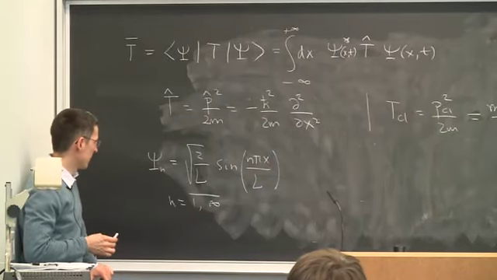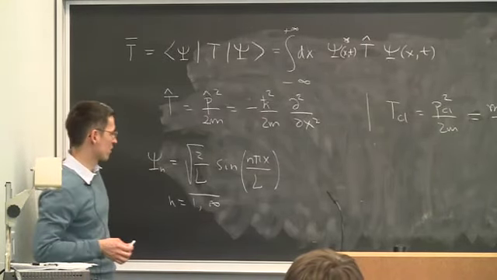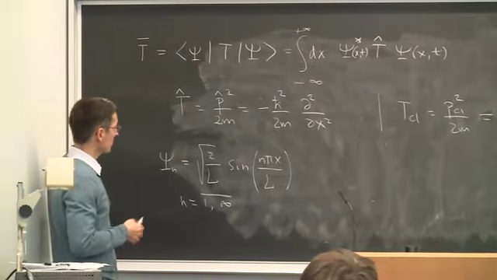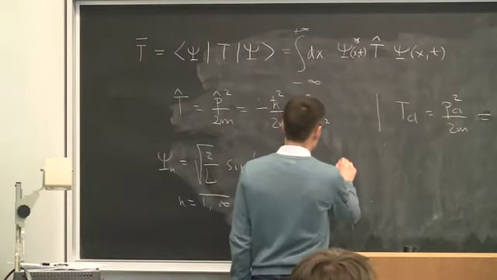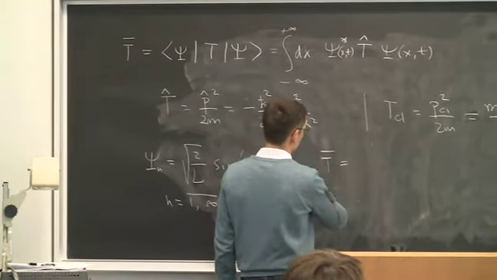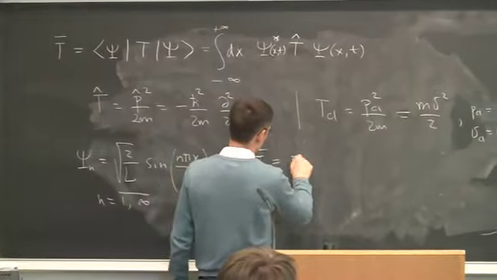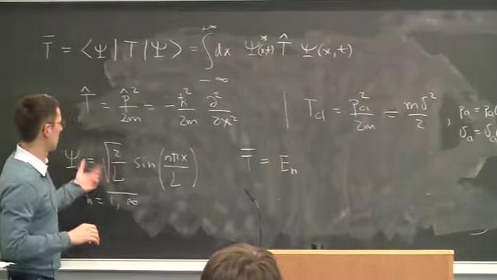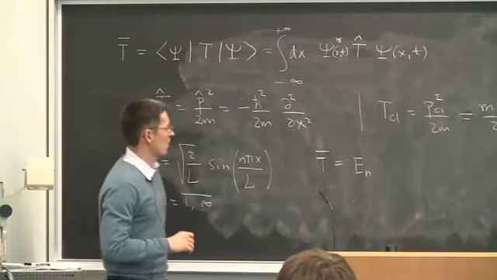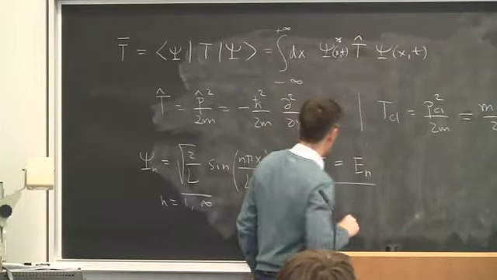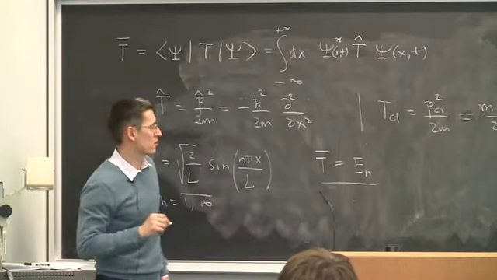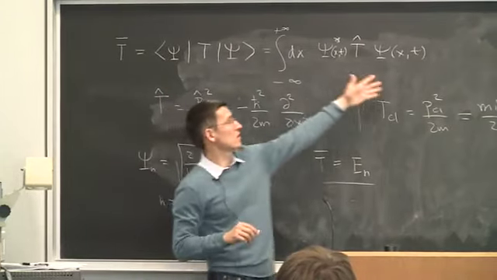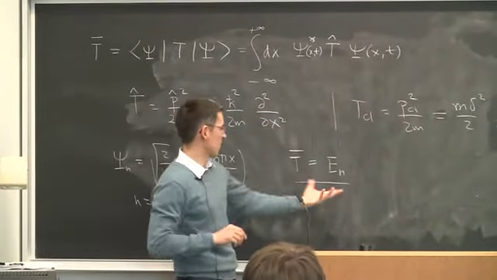And so these functions have no time dependence, and yet the average kinetic energy for them is equal to the energy of this function, right? Why is that? Why is the average energy so simple? Why can I just, instead of considering all these integrals, write it down like this?